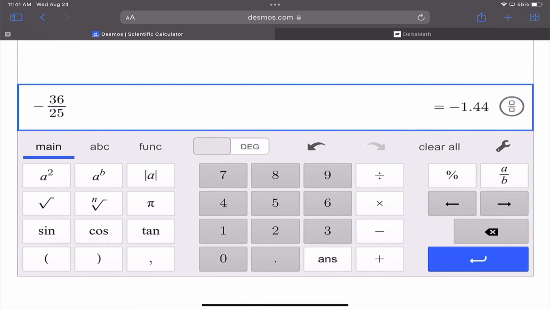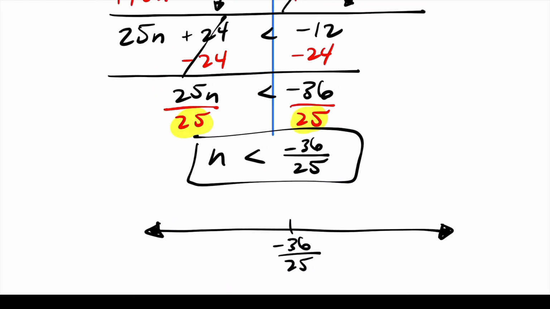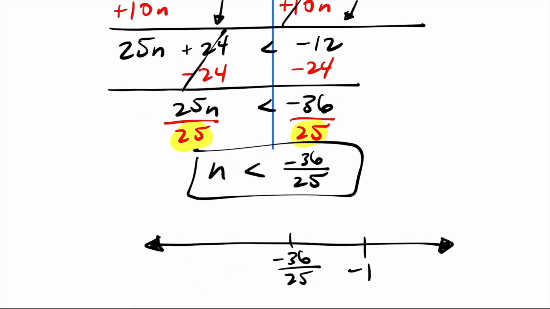What two numbers is that between? Whole numbers. There you go, between negative 1 and negative 2. Negative 1's over here, negative 2 is over here. Good. Open dot, close dot. Open.